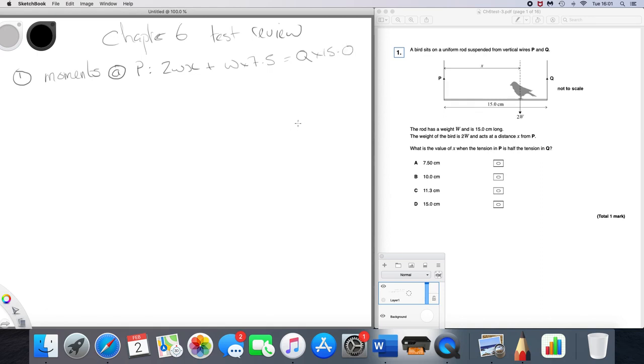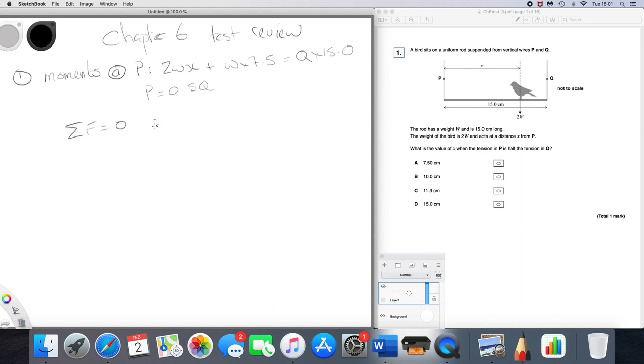So what else do we know? We know that P is going to be half of Q. So we also can say that because it's in equilibrium, the sum of the forces is 0.